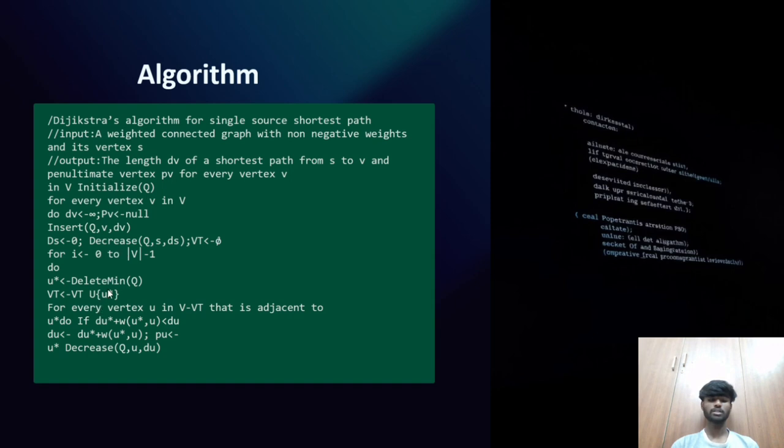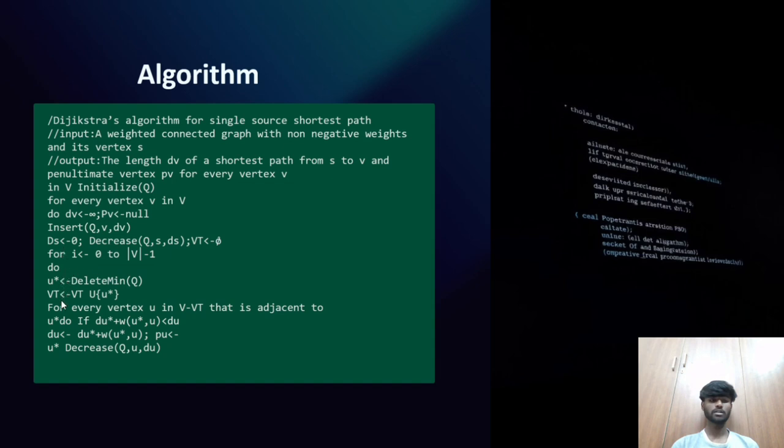Next, it decreases the key of vertex s in the priority queue to reflect this shortest distance. Here, for i equal to 0 to |V| minus 1 means repeat the following step |V| times, once for each vertex.